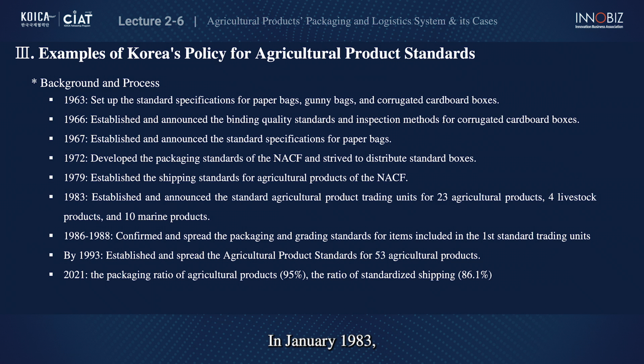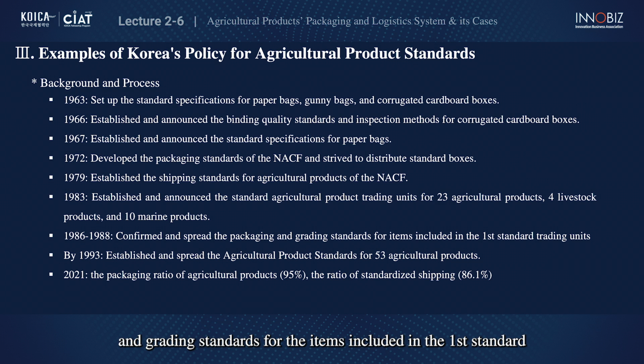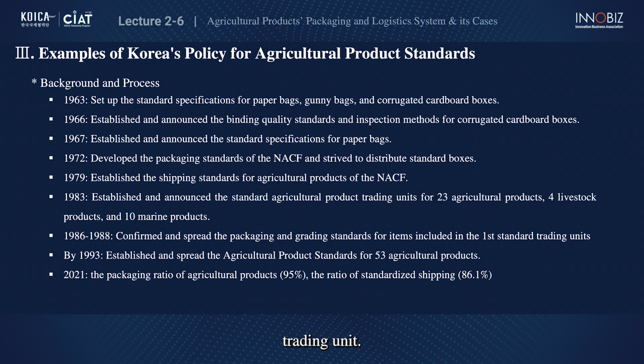In January 1983, the government suspended the NACF's standards according to the Unified Agricultural Products Standardization Plan and established and announced the first standard agricultural product trading unit for 23 agricultural products, 4 livestock products, and 10 marine products. From 1986 to 1988, the government set up the packaging and grading standards for the items including the first standard trading unit.